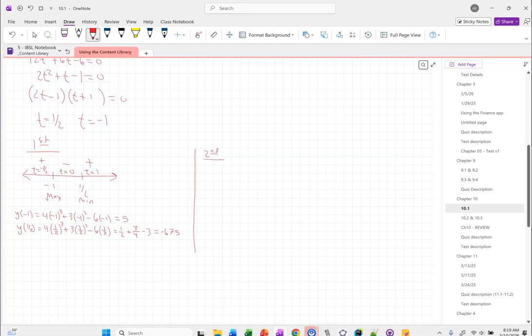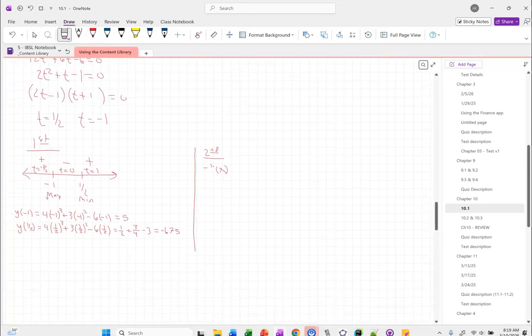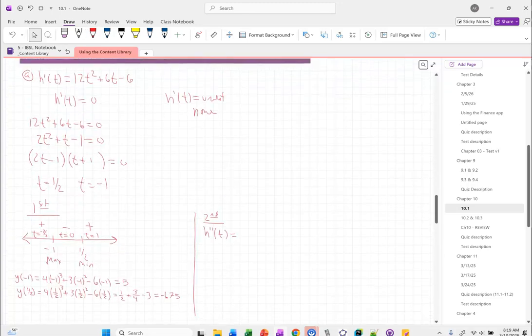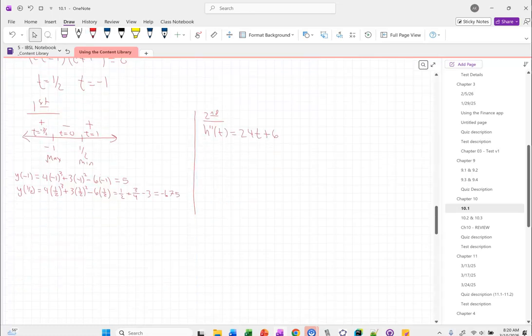If I want to do this as a second derivative test, I'll need that second derivative. Oops, these are h's and t's though, huh? Okay, so the derivative of 12t squared plus 6t minus 6 is? Thank you.